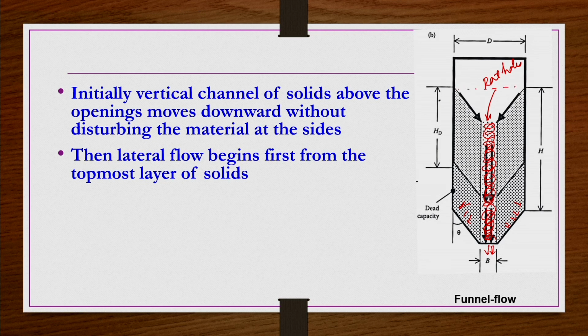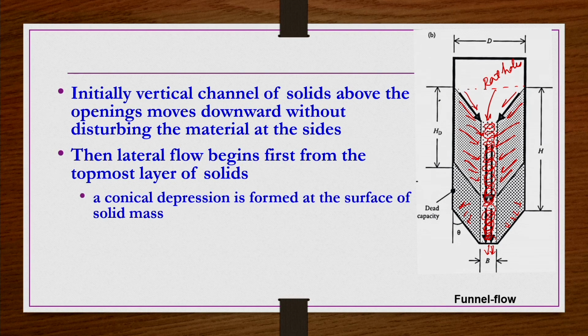The particles are initially in a horizontal surface like this, then lateral motion starts from the topmost layer of the solids, and those materials flow out only through these rat holes, through this vertical channel. Like this they flow out, and then the material goes out like this.